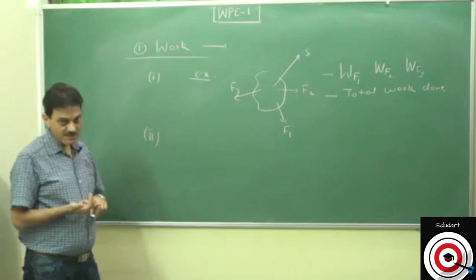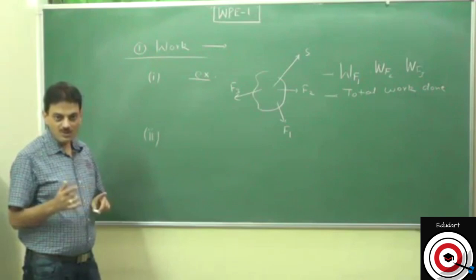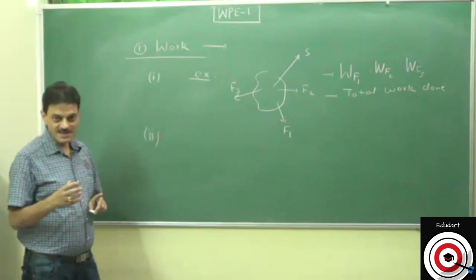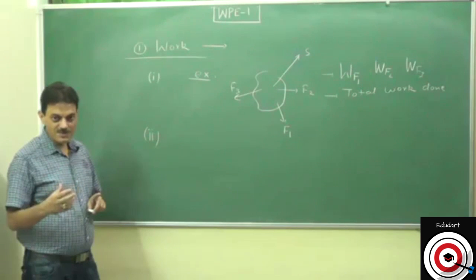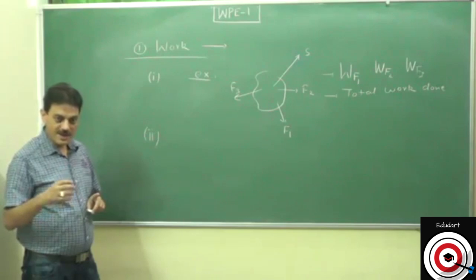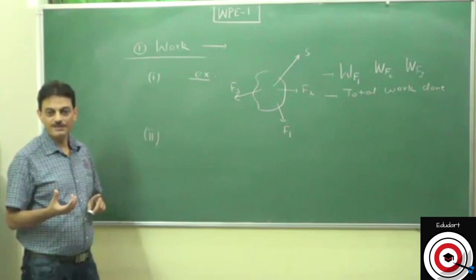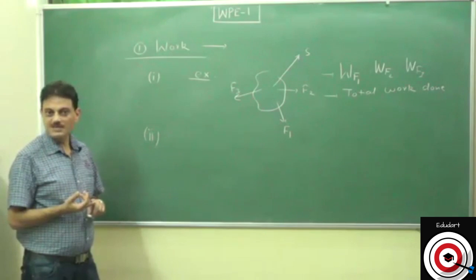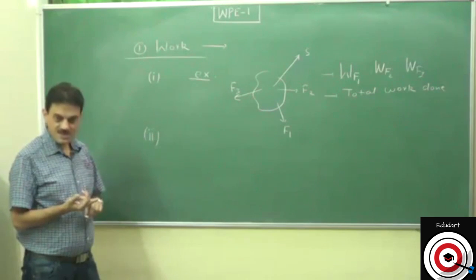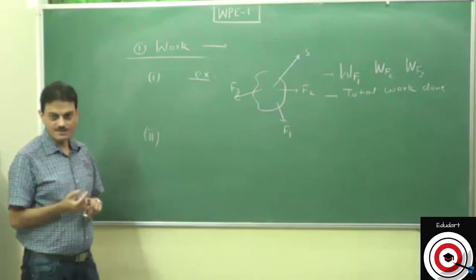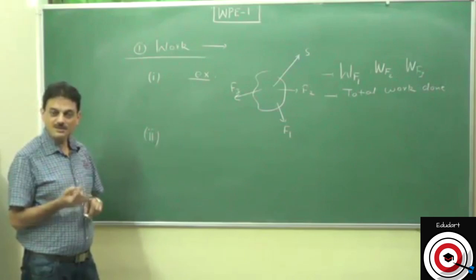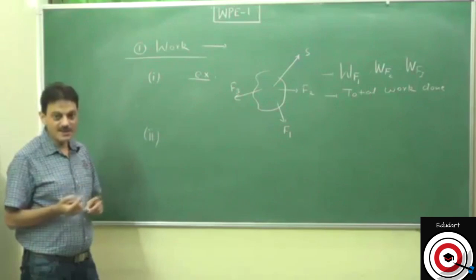So work is done by a force if two or more than two forces are acting on a body and the body is displaced. Then work done by F1 is different, work done by F2 is different, work done by F3 is different, and there is a total work done by all forces. There are basically three methods of finding the work done: constant force, variable force, and area under force and displacement graph.